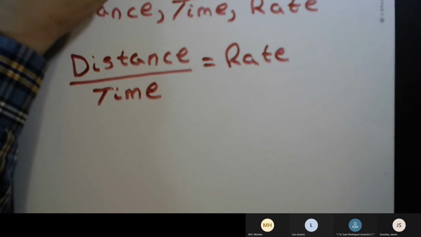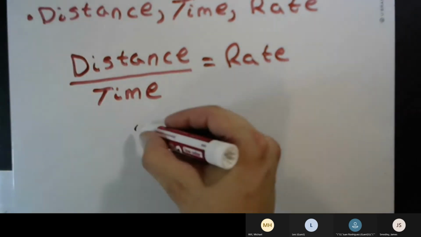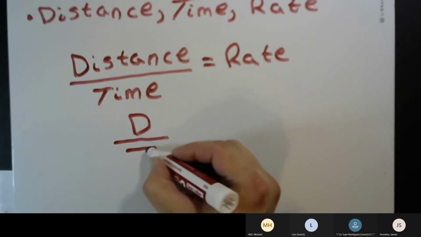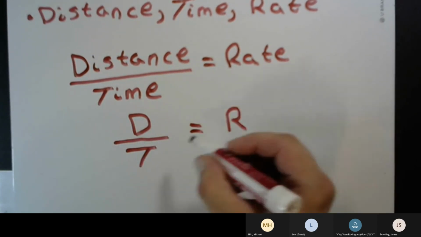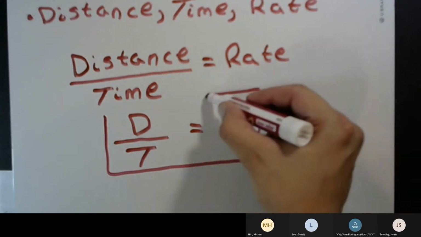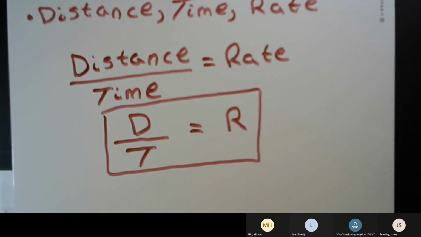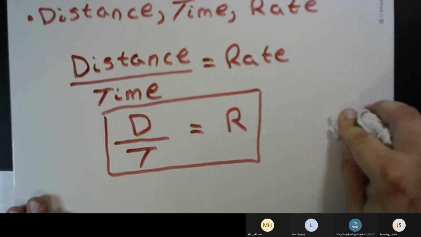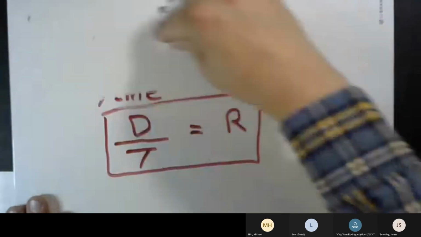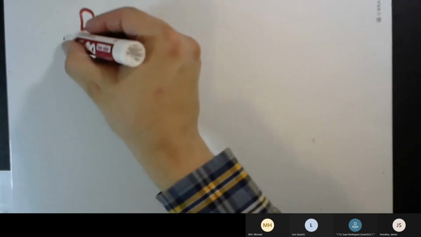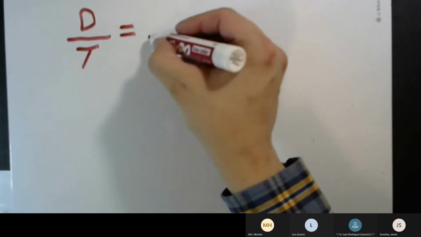Or put another way, distance over time is equal to rate. Now there are 2 other versions of this formula. So I want to list them out. We have our first one: distance over time equals rate.